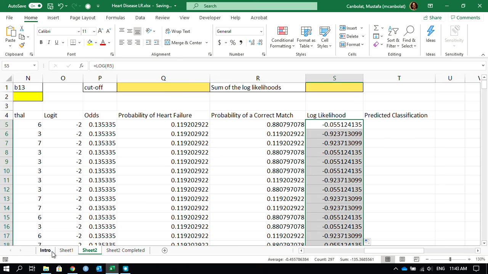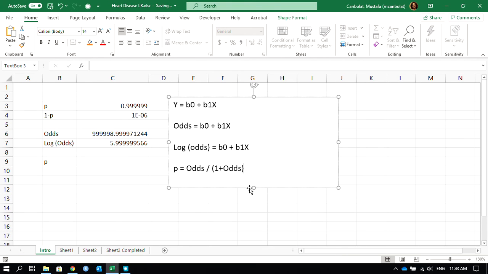Think of it this way: if I want to maximize, let's just take 3 values, P1 times P2 times P3.